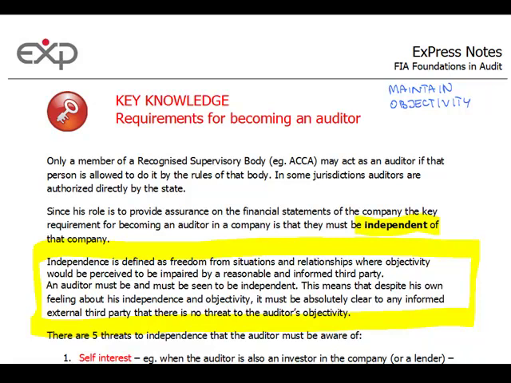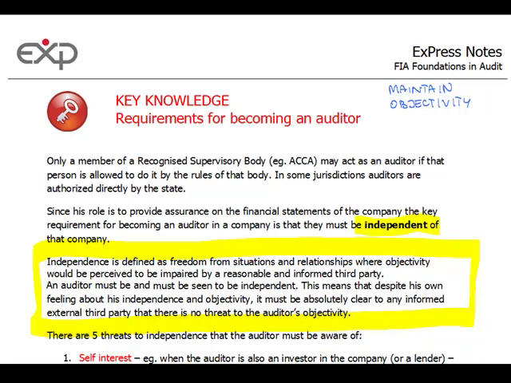They must maintain objectivity, which can be impaired, to give you the simplest example, if those financial statements were prepared by the auditor's sister. And in fact, it doesn't even matter whether the auditor likes his sister or not, because in both cases his objectivity might be considered to be impaired.